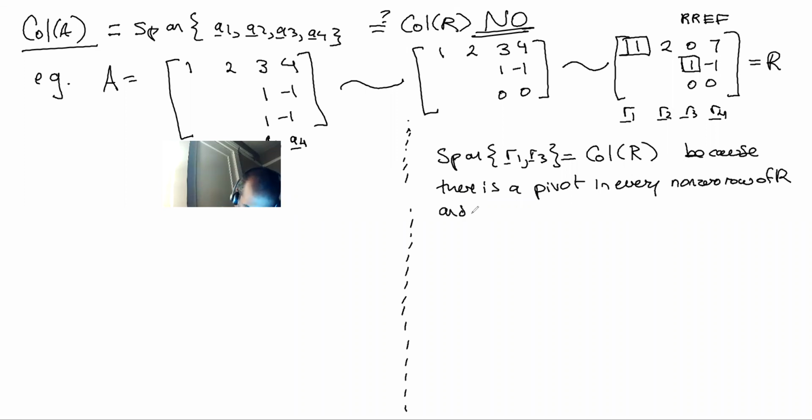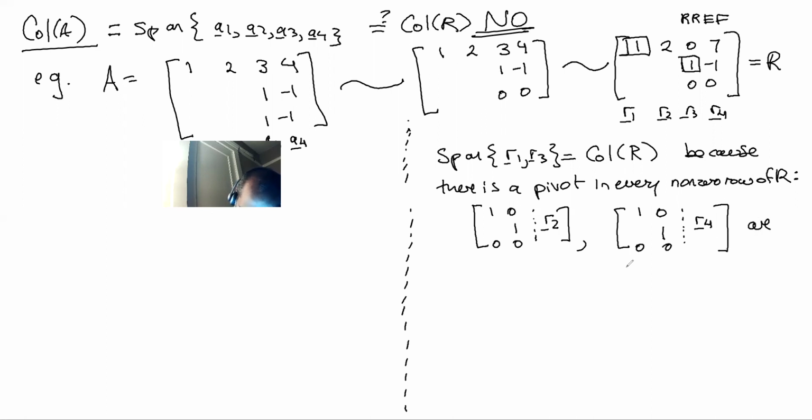So concretely, I want to emphasize that these linear systems, 1, 0, 1, and if you put R2, and 1, 0, 1, sorry, there should be zeros here, and here if you put R4, these are consistent.